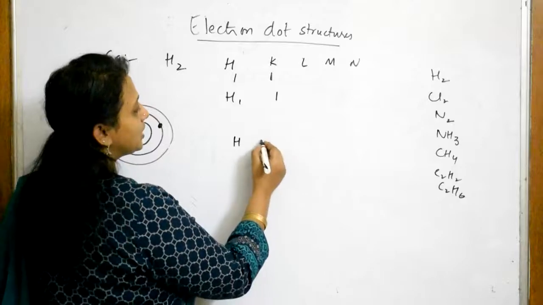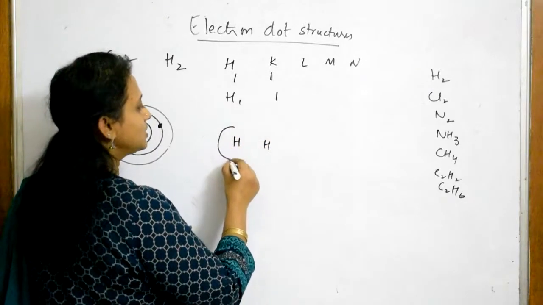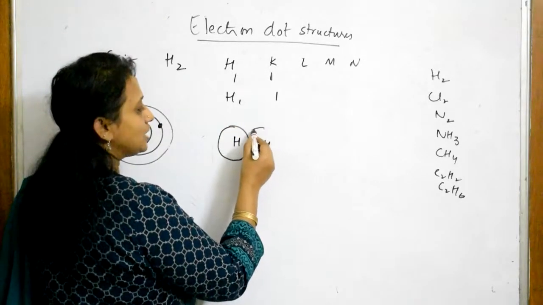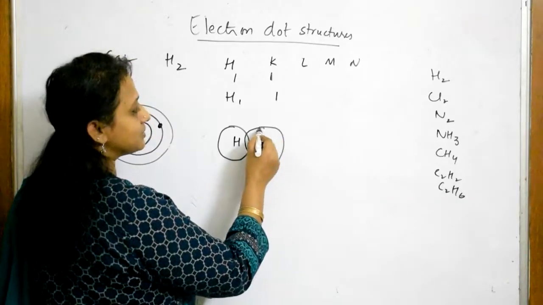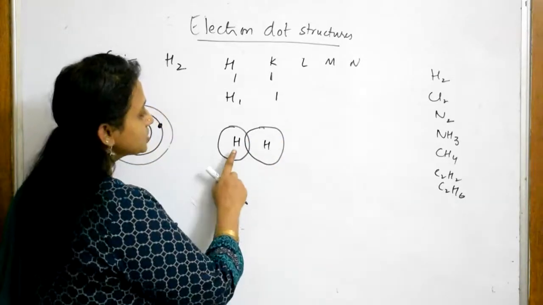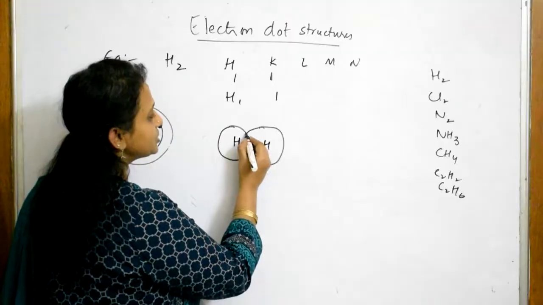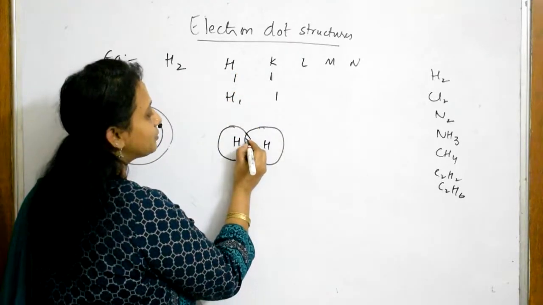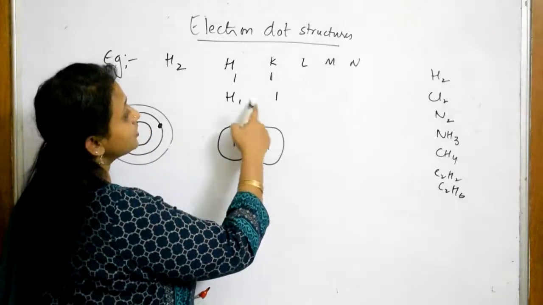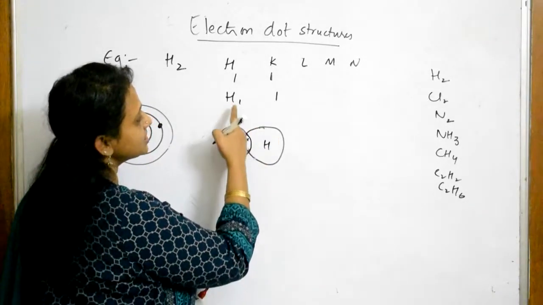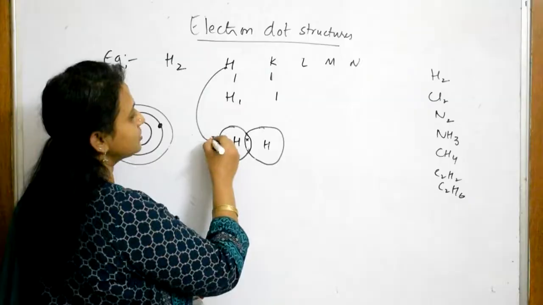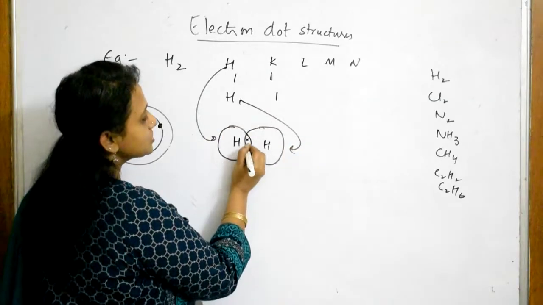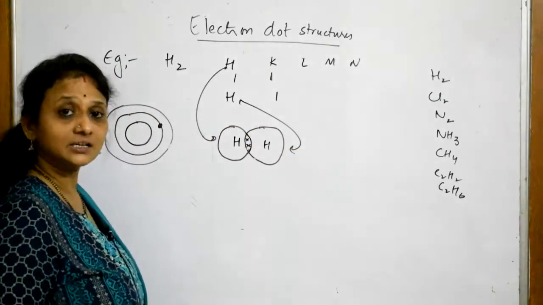Draw one circle for this and overlap one more circle, because this is a covalent bond. This first hydrogen is going to share one electron, put a cross. The second hydrogen is going to share one more and take it.